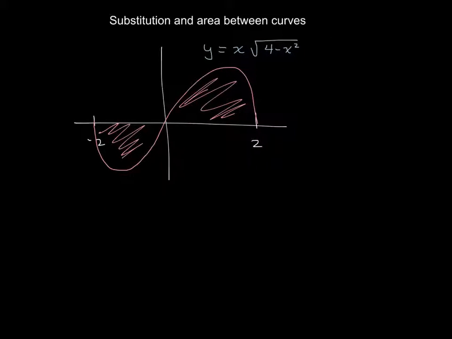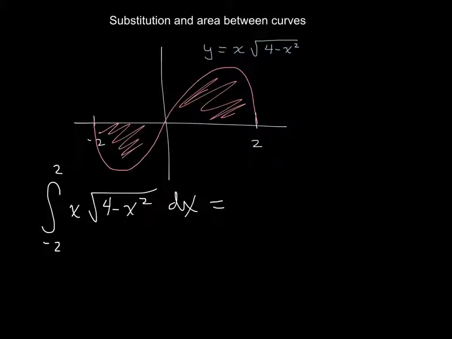area. So our integral looks like, overall, from -2 to 2 of x times the square root of 4 minus x squared dx. But again, we want to break this up into pieces.